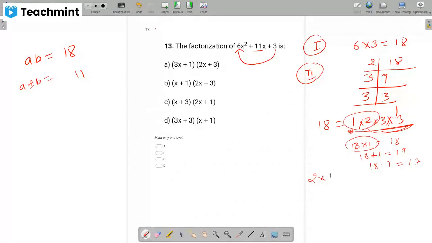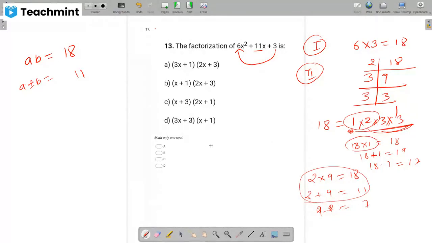If we take 2 and 9, then the product is of course 18, and when we add, we'll get 11, and when we subtract we will get 7, 9 minus 2. So these are the two numbers, because when we add we'll get 11, and when we multiply we'll get 18.